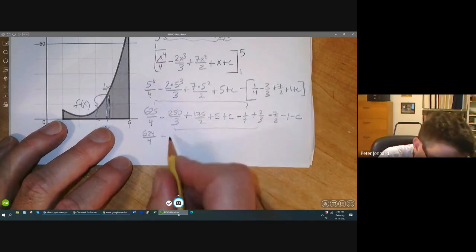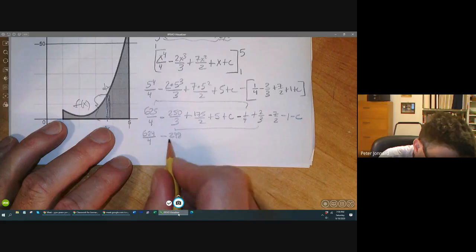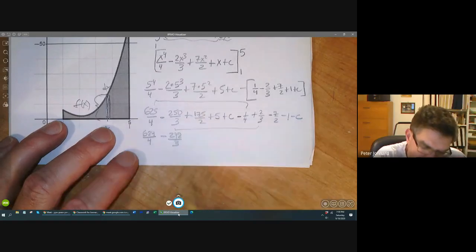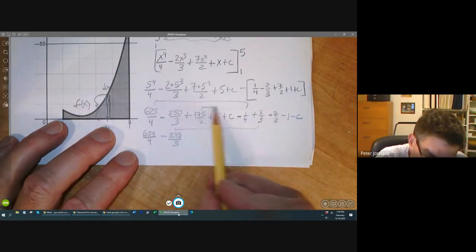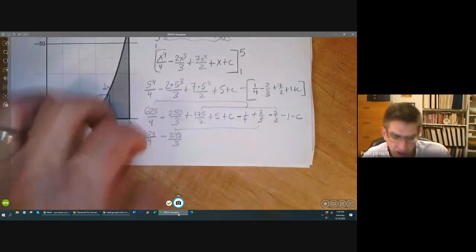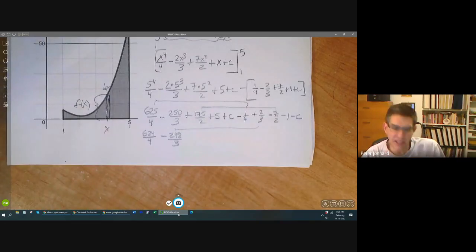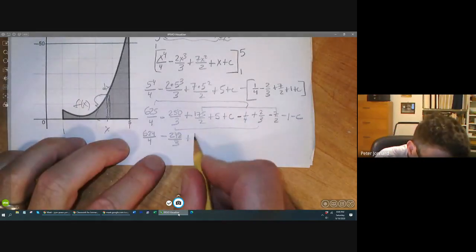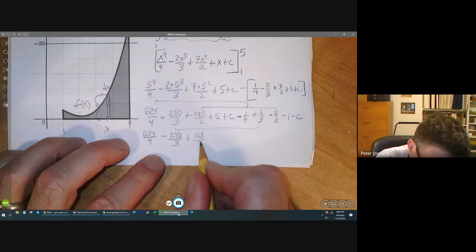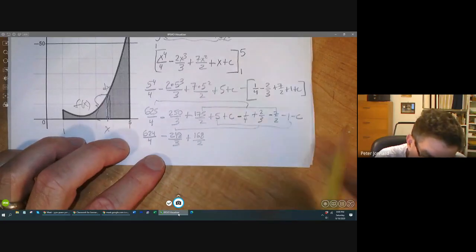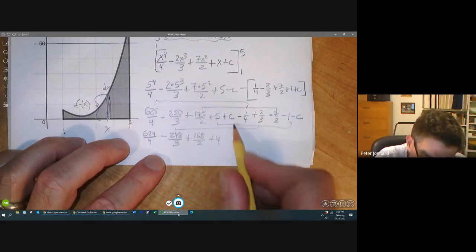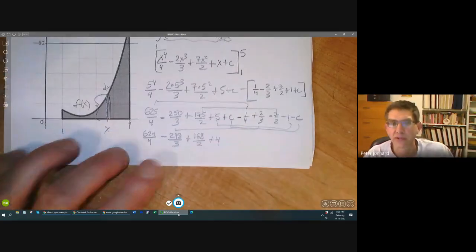What is that? Minus 248 thirds. And then let's see, these two. 175 minus 7 is what? 168 halves. And then 5 minus 1 is plus 4. And then the c's just go out. Plus c minus c, those just go out.